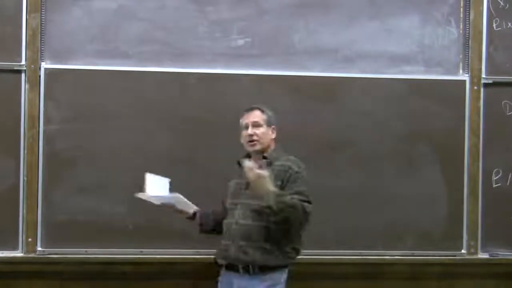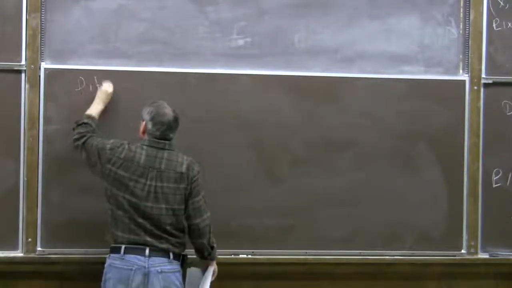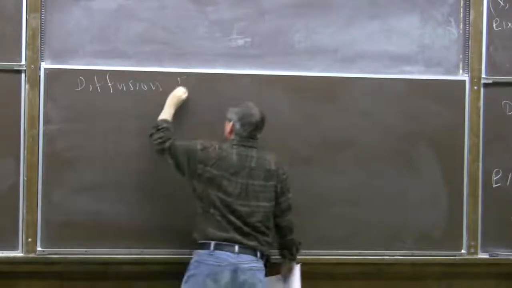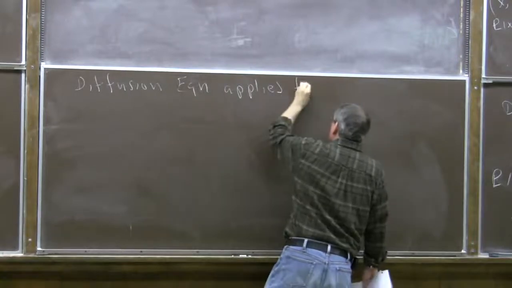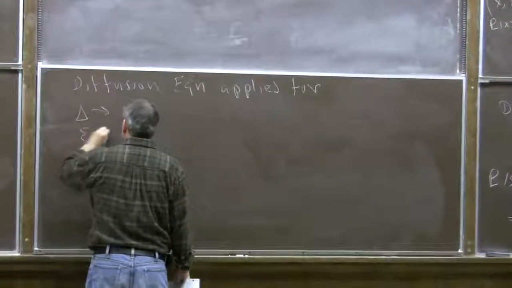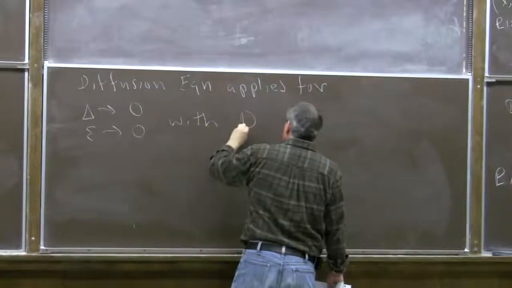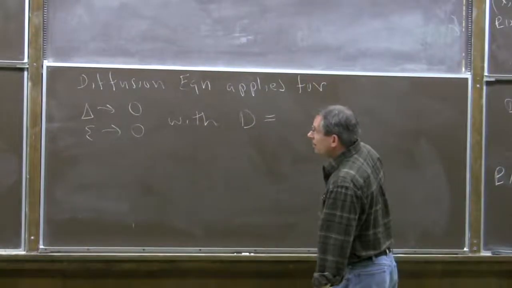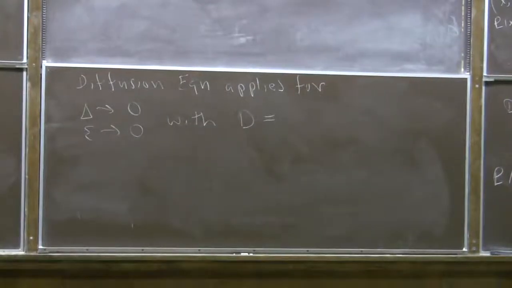So the formal limit that we took to get a diffusion equation is the delta goes to zero limit. The diffusion equation applies for delta goes to zero and epsilon goes to zero, but what we hold fixed is D, which is delta squared over 2 epsilon.